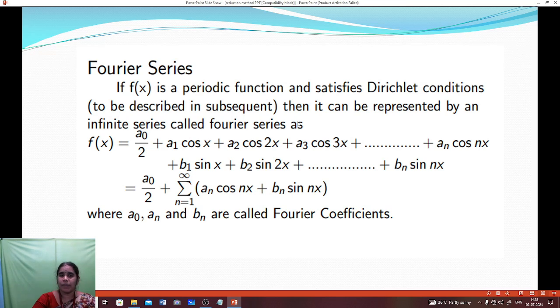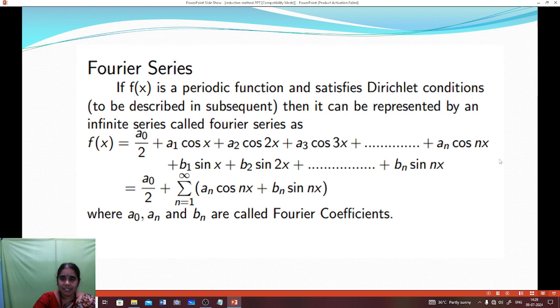If f of x is a periodic function and it satisfies the Dirichlet conditions, then it can be represented by an infinite series. f of x is equal to a0 by 2, plus a1 cos x plus a2 cos 2x, plus a3 cos 3x, plus etcetera, plus an cos nx, plus b1 sin x plus b2 sin 2x plus etcetera up to bn sin nx.